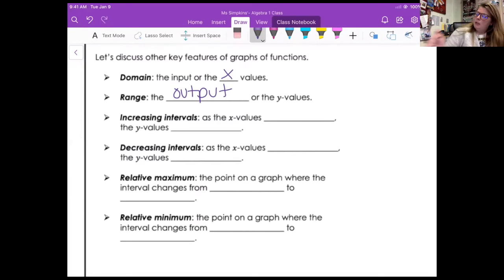For increasing interval, as the X values increase, the Y values increase.